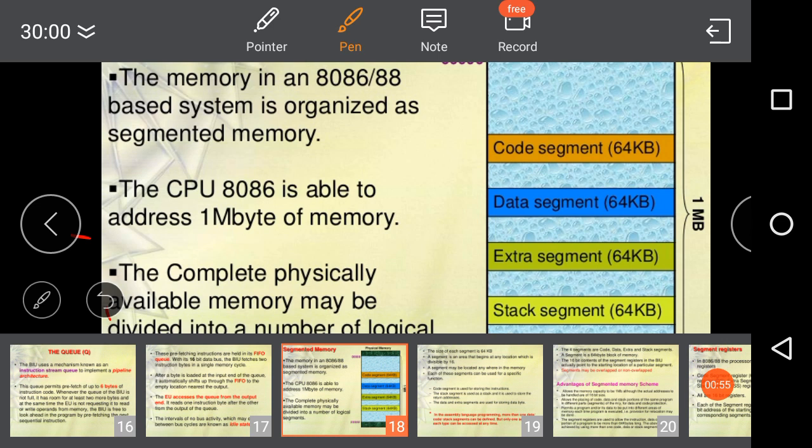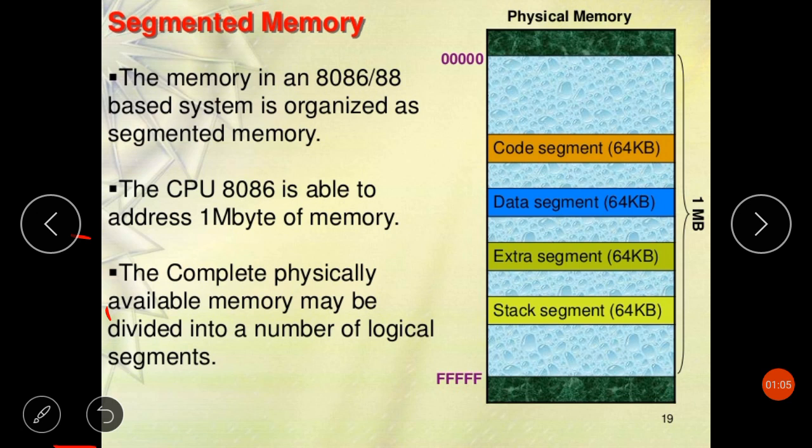In segmented addressing, on the other hand, the available memory space is divided into chunks called segments. As you can see, they have been divided into chunks. Such a memory is known as segmented memory. In the 8086 system, the available memory space is 1 megabyte.